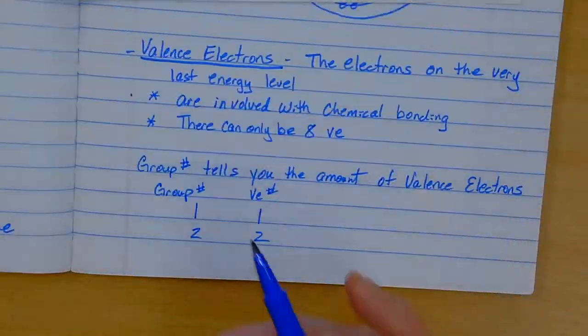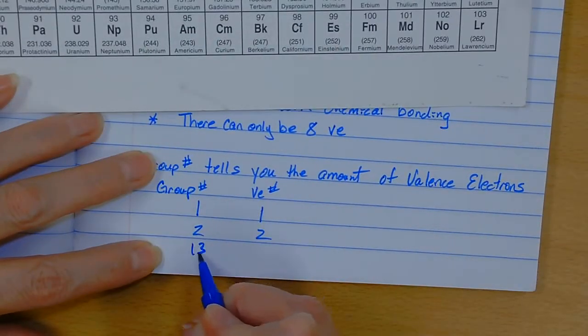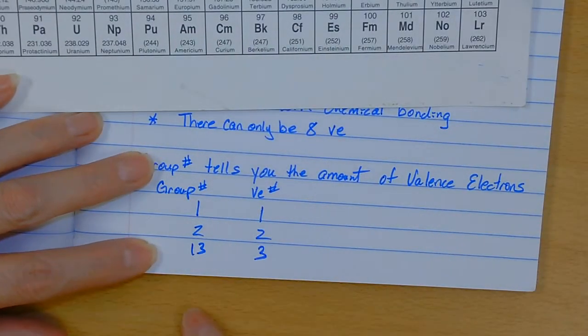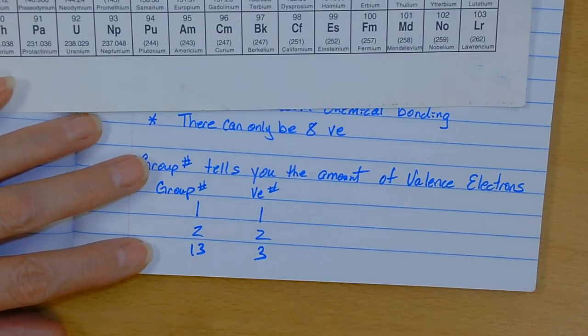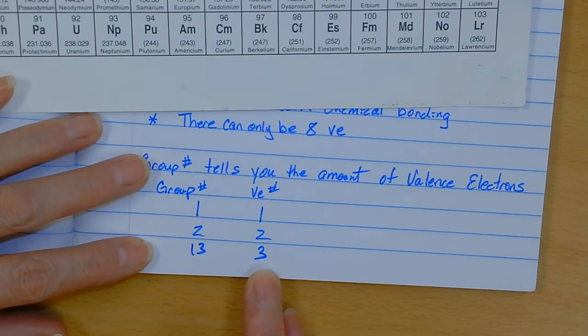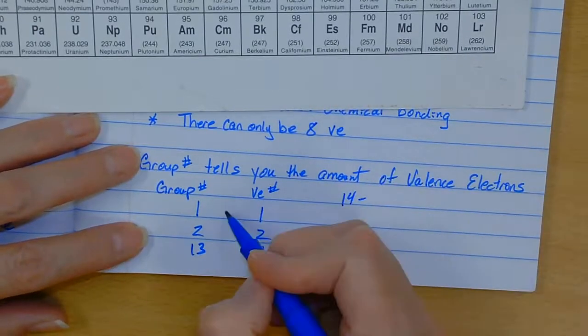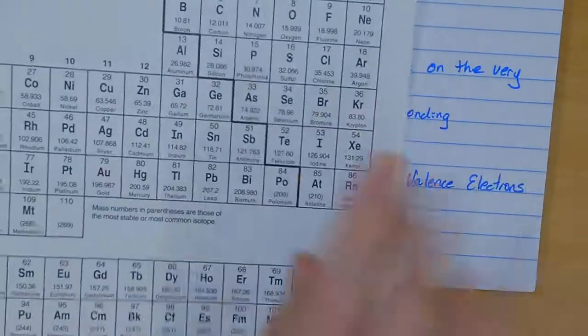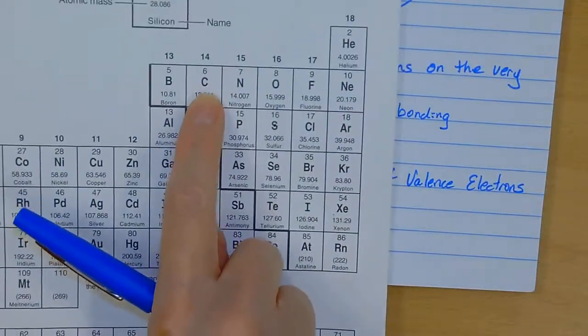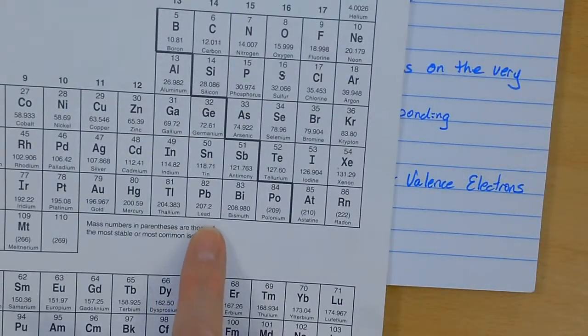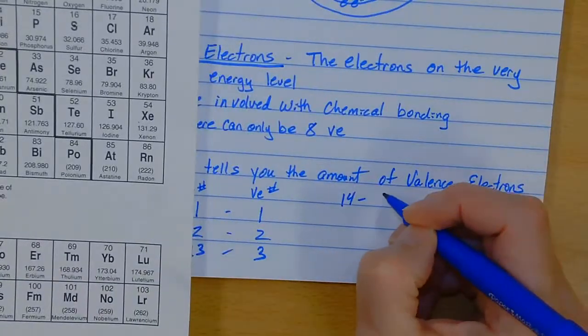Group 13 has 3. We'll draw the Bohr model so that you can see it only has 3. Group 14, from carbon down to lead, has 4.